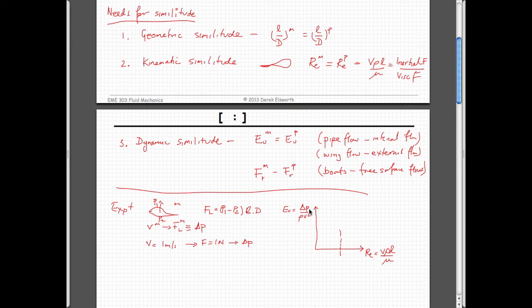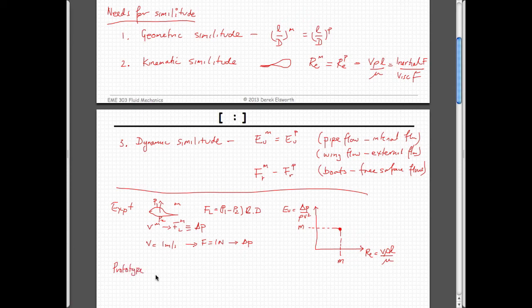If we know the pressure, the velocity we're flying at, and the density of the fluid, then we have an Euler number from our calculation. This is for our model, and that's done. So now we have a prototype.